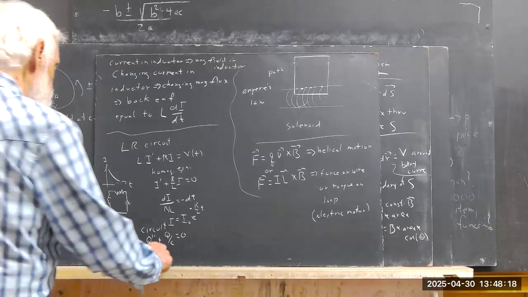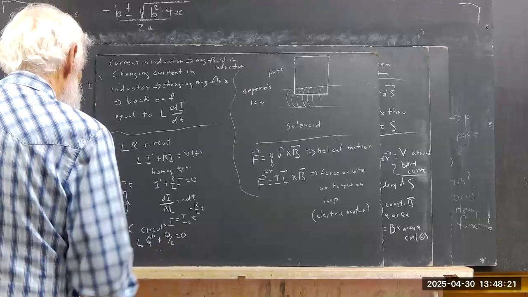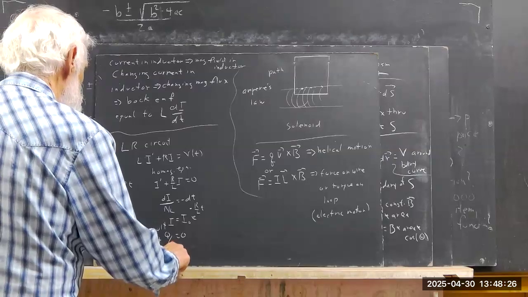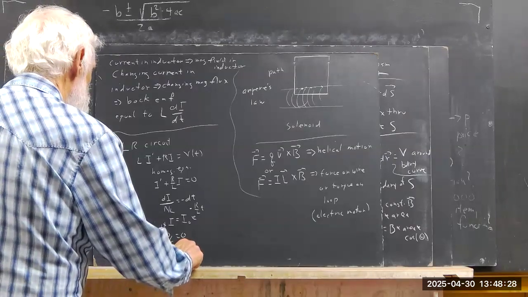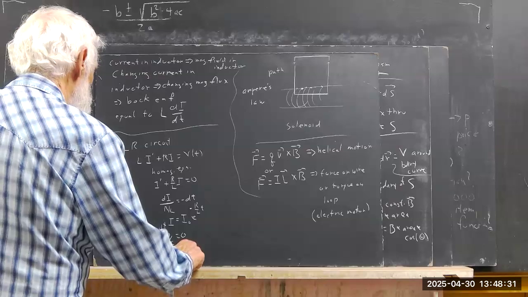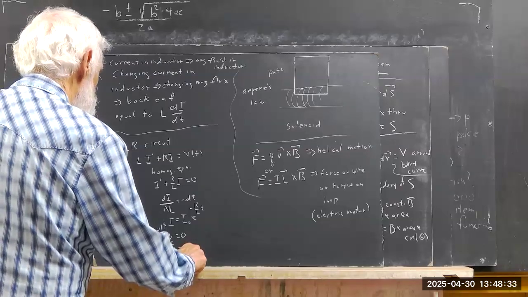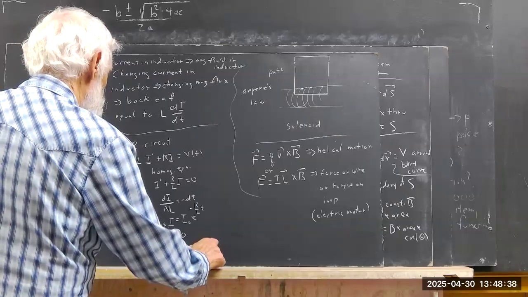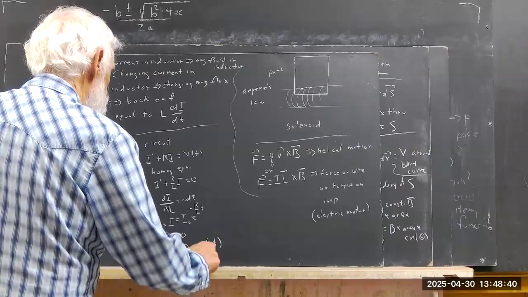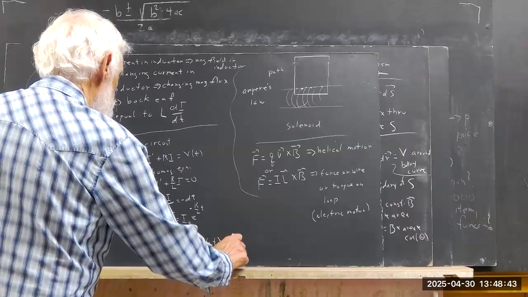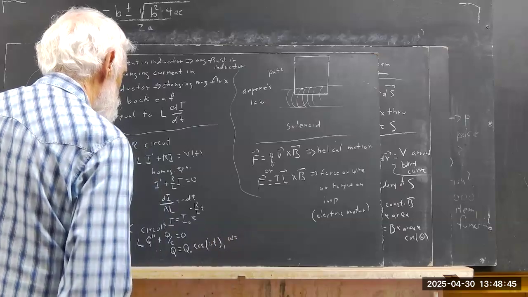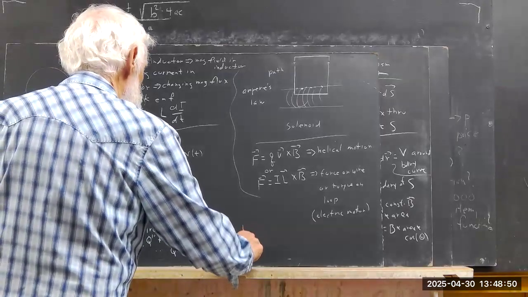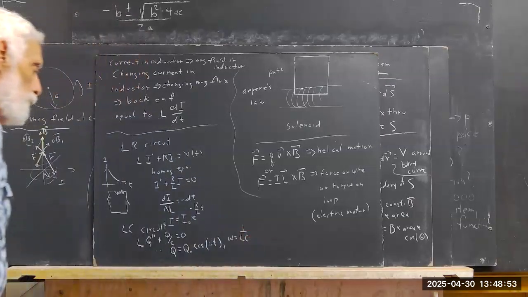And it's easy to understand that that gives you something like Q naught cosine of omega t, with omega equal to one over root LC.